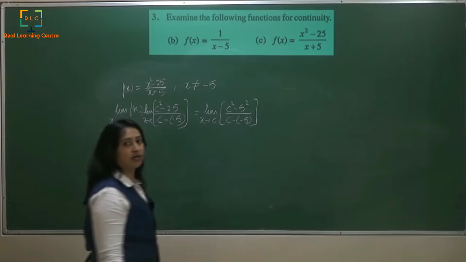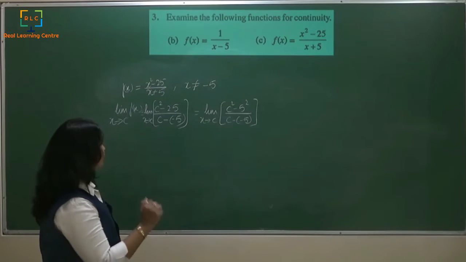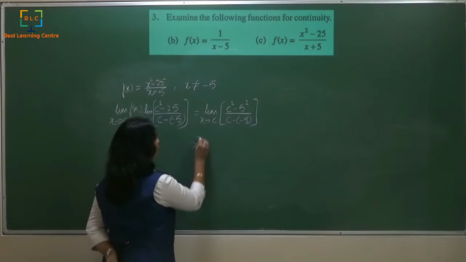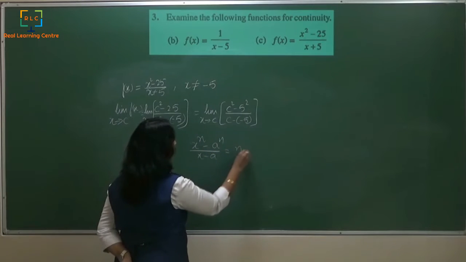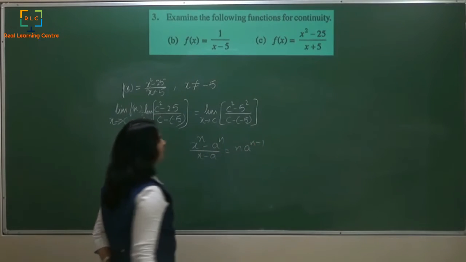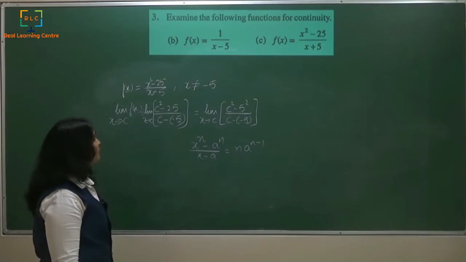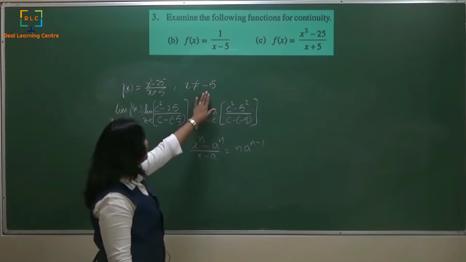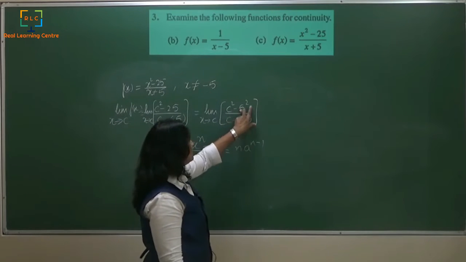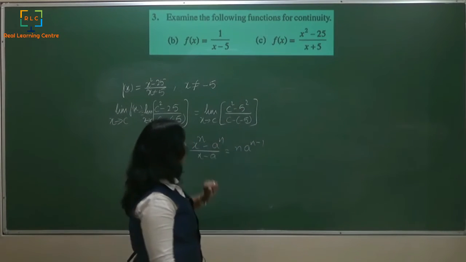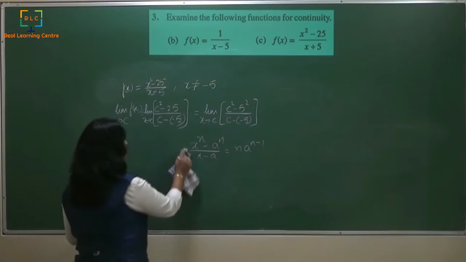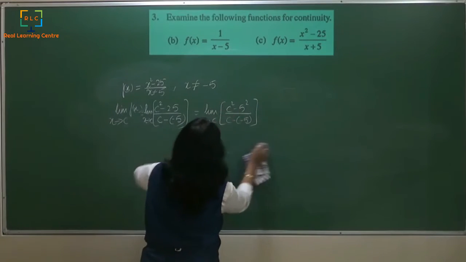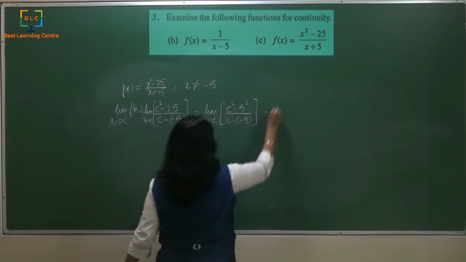So whatever number we are getting here, I thought I'll use the formula x power n minus a power n divided by x minus a will be equal to n into a to the power of n minus 1. Can we use this? Because they are telling I am not supposed to use minus 5. I can't write this as minus 5 the whole square. I have only split this. I cannot use it because this number and this number are the same. Okay, whatever. This is equal to some number p.